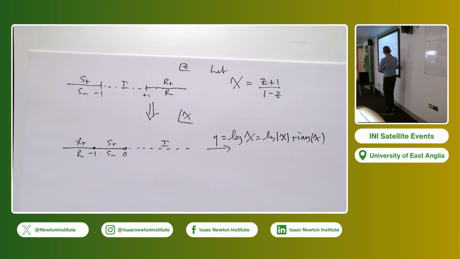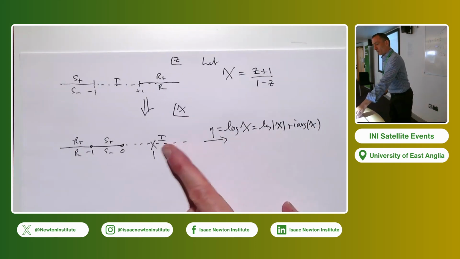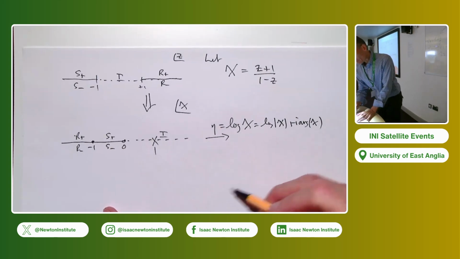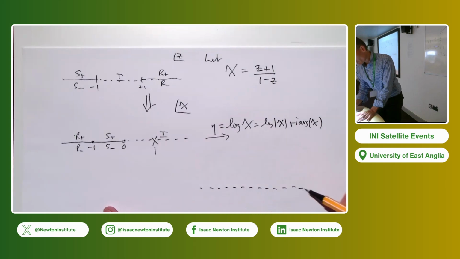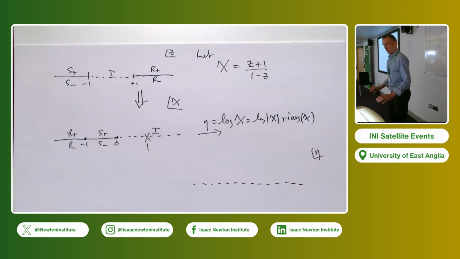So the imaginary part is 0. And log chi, what happens as chi comes in here? The modulus is very small. Log of something very small is very negative. It goes up to 1, where log of 1 is 0. And then log of 1 over here gets very large and positive. So actually, this semi-infinite line in this plane maps to the whole chi-axis. Everyone see?